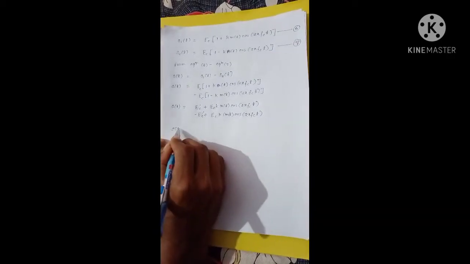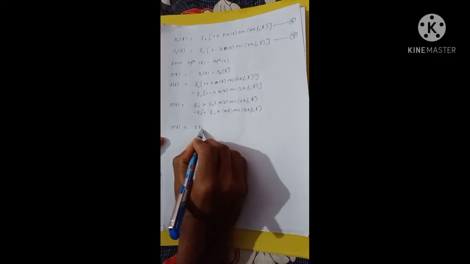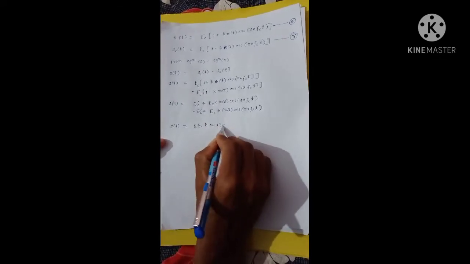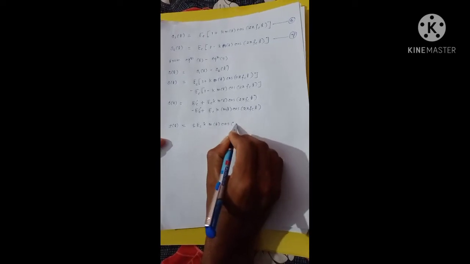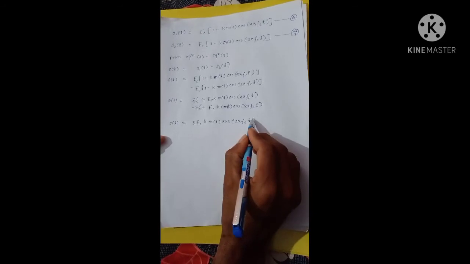So S(t) is equal to 2 EC K m(t) cos 2 pi fc t.